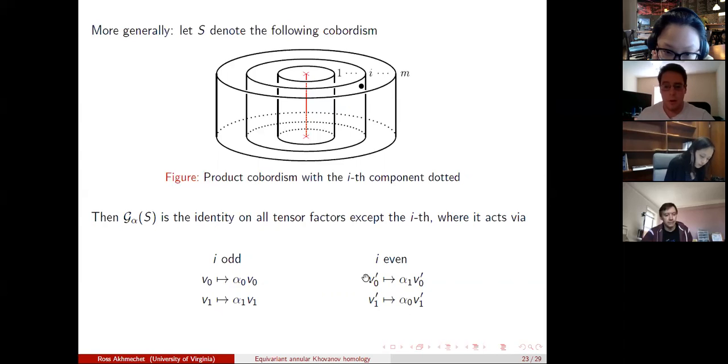Now the lower annular degree vector, V null, gets multiplied by alpha 1, and the higher annular degree element gets multiplied by alpha null. And that's how this cobordism acts. So the action of the dot depends on parity. I'll say a word about this later.